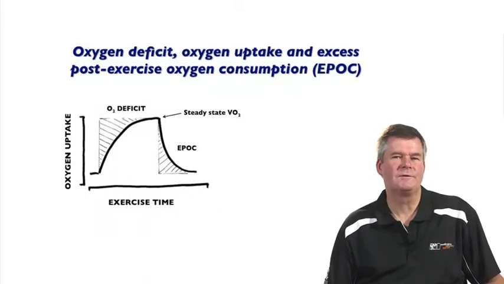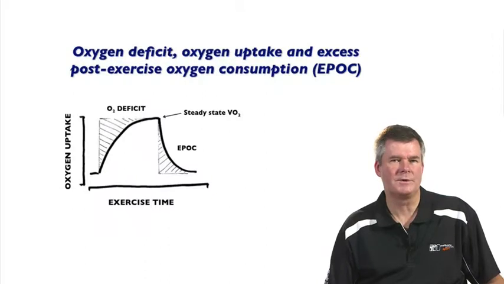Initially, this period was referred to as the oxygen debt, and you'll see that term in many textbooks to this day. More recently, the preferred term is excess post-exercise oxygen consumption, which really summarises what's going on rather than ascribing any mechanism to the increased oxygen consumption.